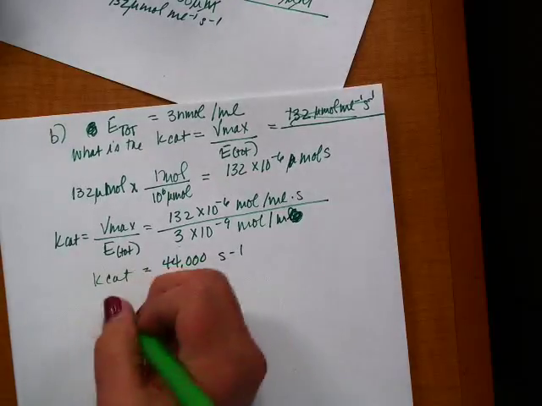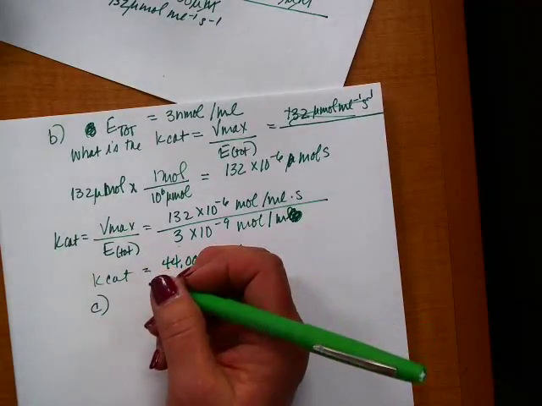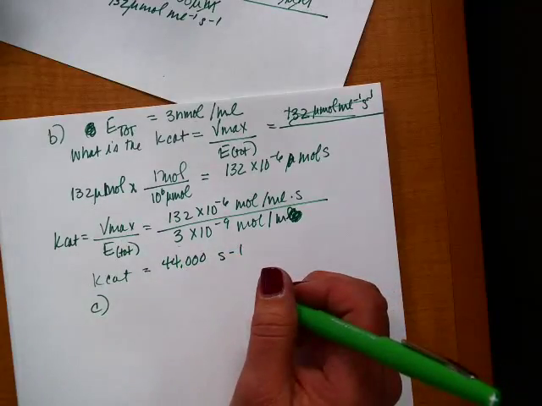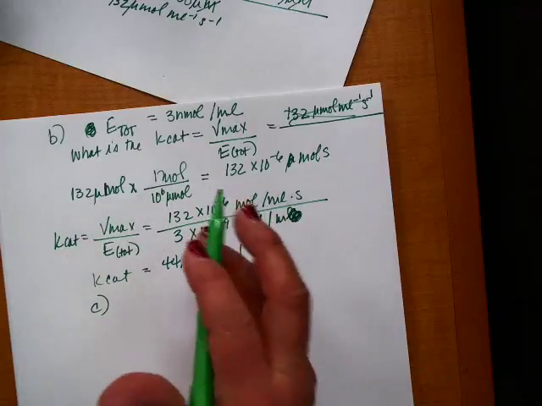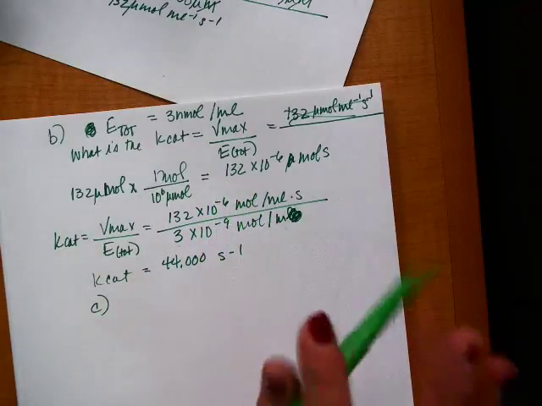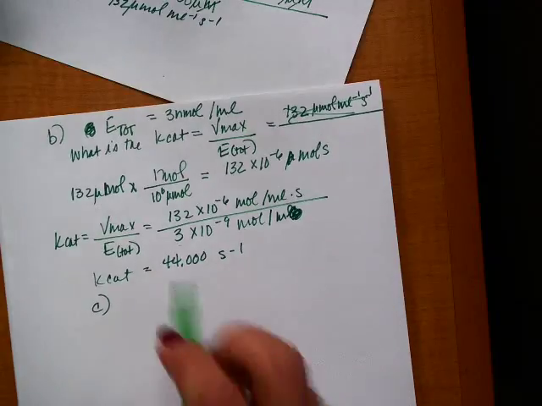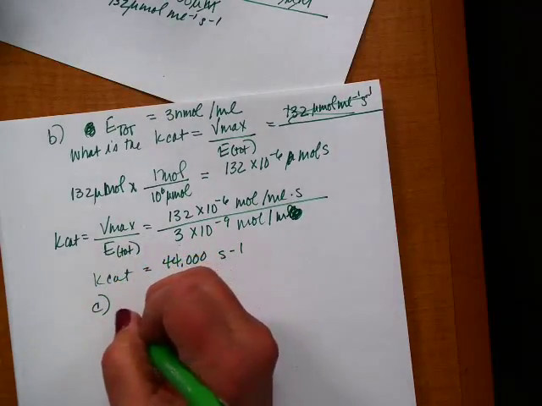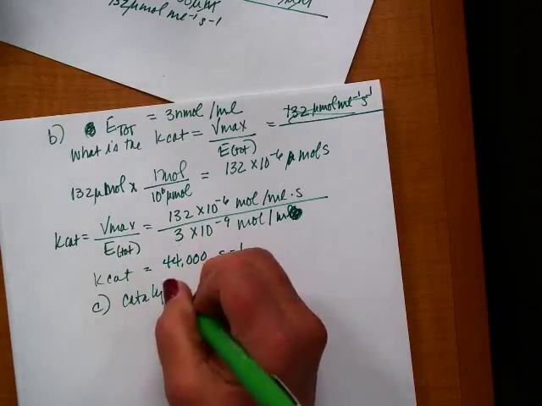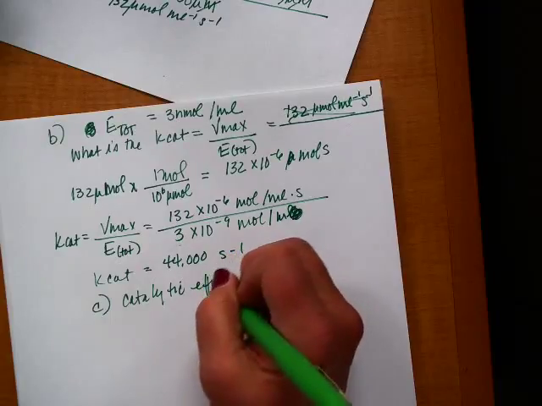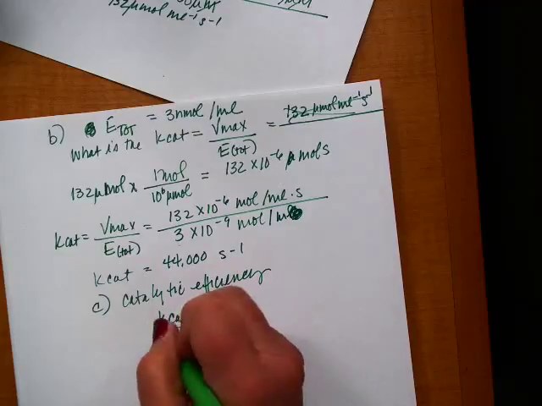And one more, catalytic efficiency. Catalytic efficiency, or specificity, is Kcat divided by the Km.